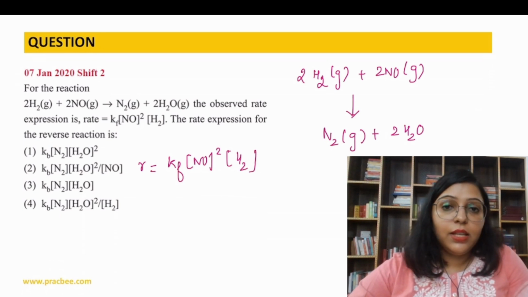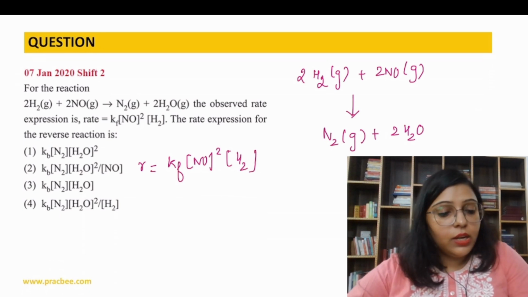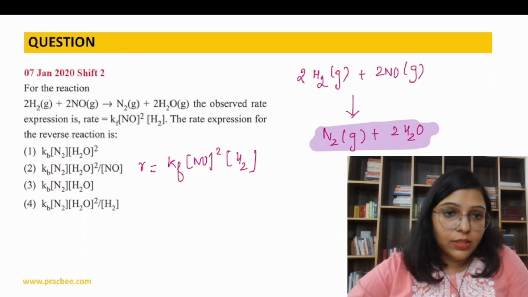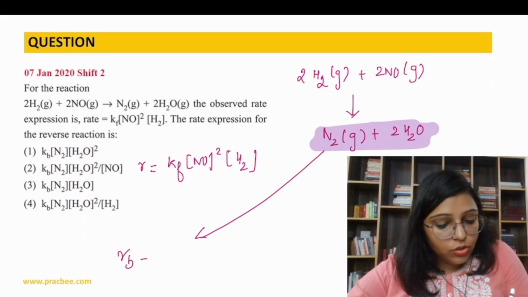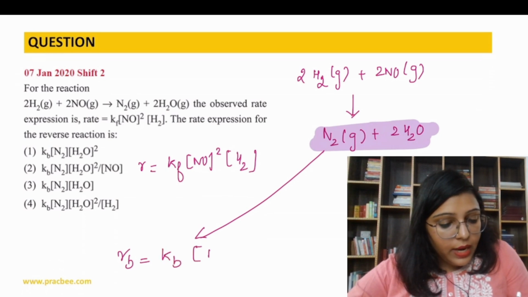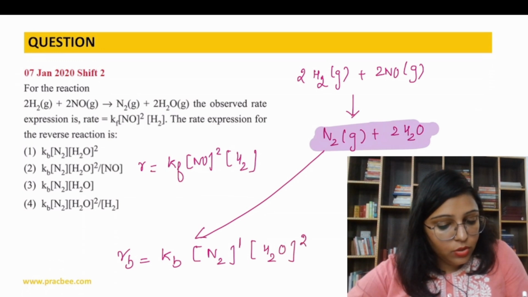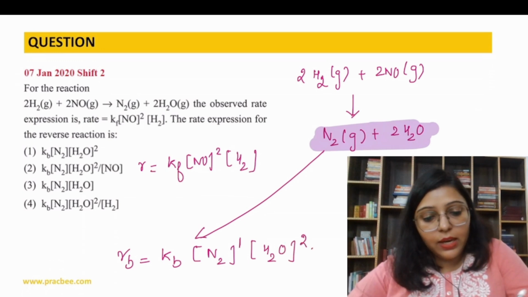Now the question says the rate of backward reaction. The rate of backward reaction depends on the products, right? So if I write the rate of backward reaction, it becomes Kb [N2] to the power 1 and [H2O] to the power 2.